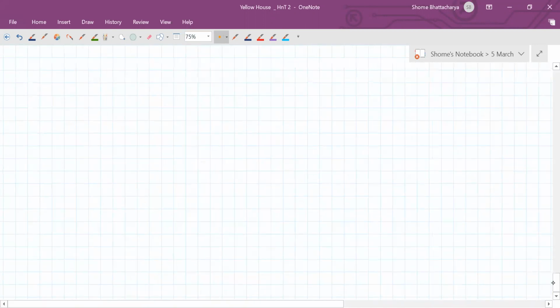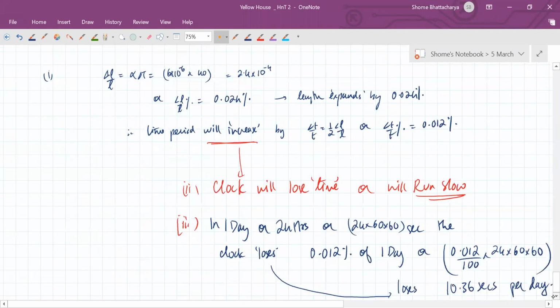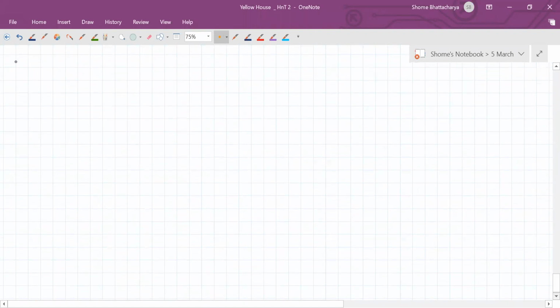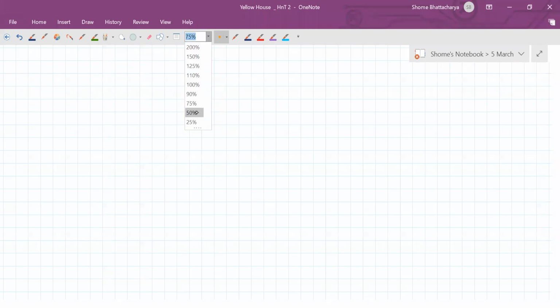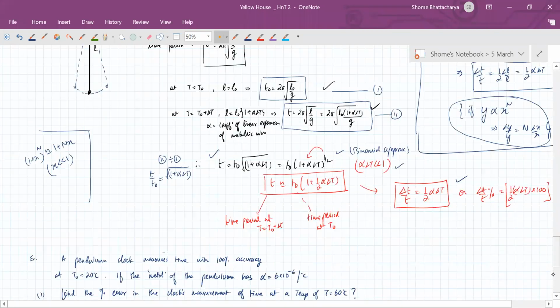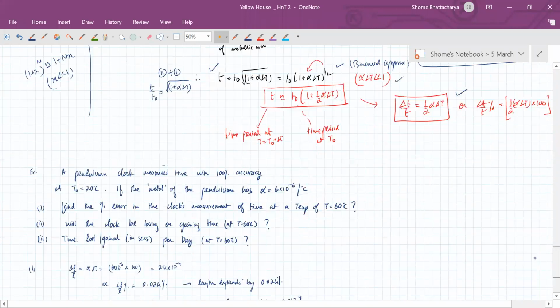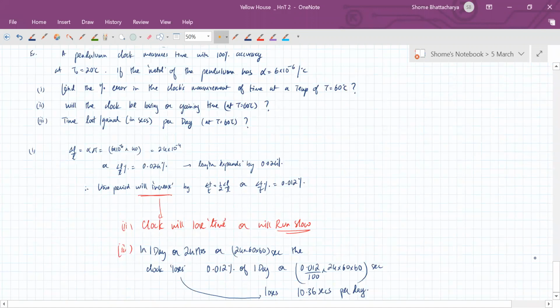The clock losing or gaining time according to whether the time period is increasing or decreasing. Okay, finished, Prince.